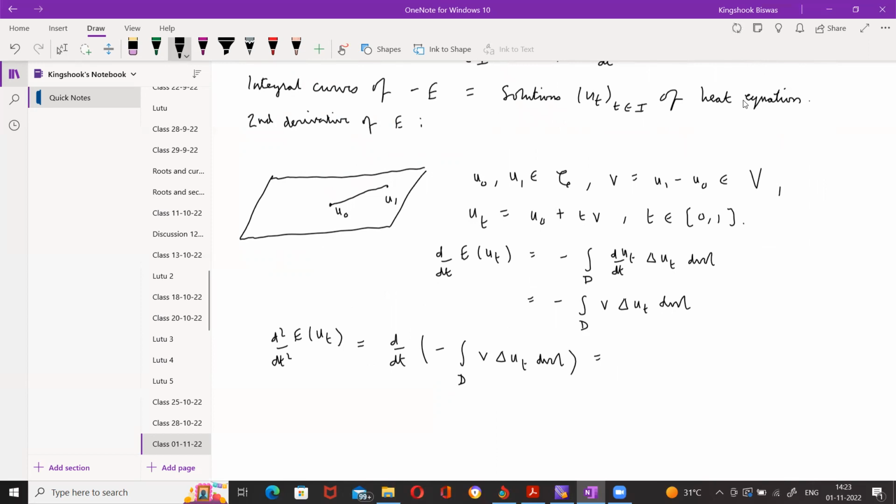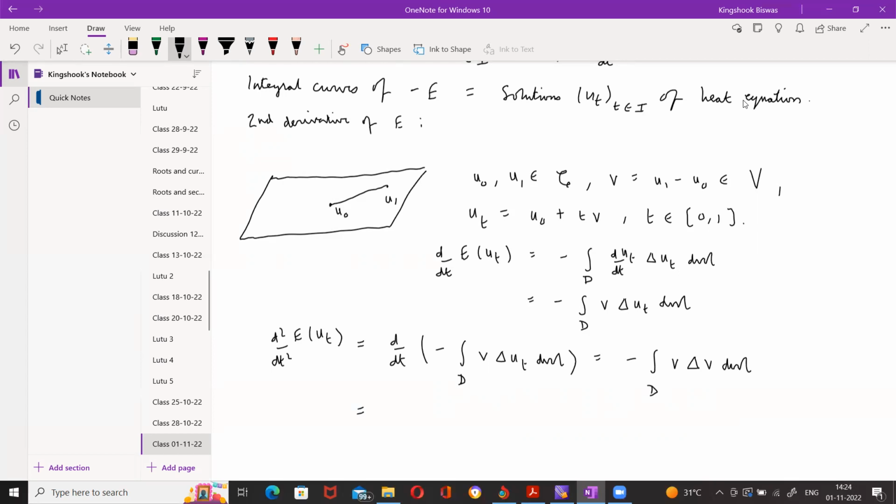I can differentiate under the integral sign, so I'll get the Laplacian of d/dt of u_t, which is v. So that's the Laplacian of v. So this will become minus the integral over D of v times the Laplacian of v, d vol. Is this correct?